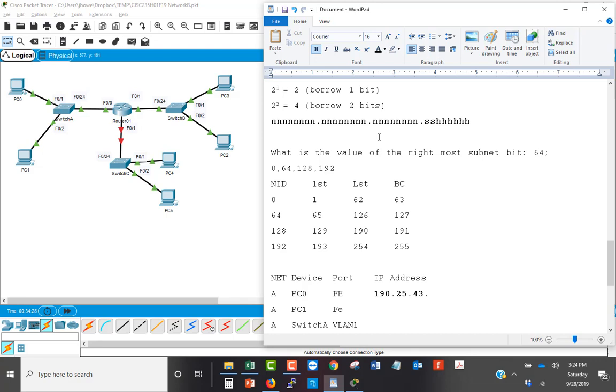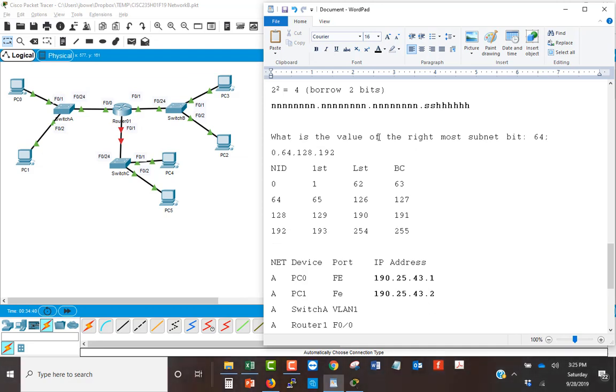So I'm going to give it a 1. PC2, I'm going to give it a 2. VLAN 1 on switch A, I'm going to give that a 3.